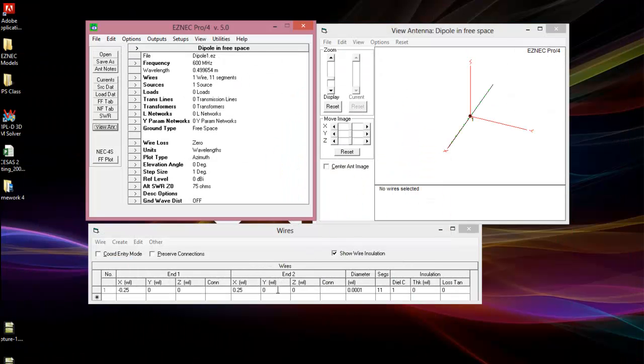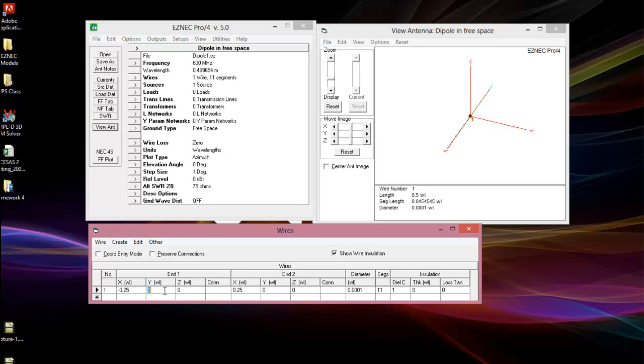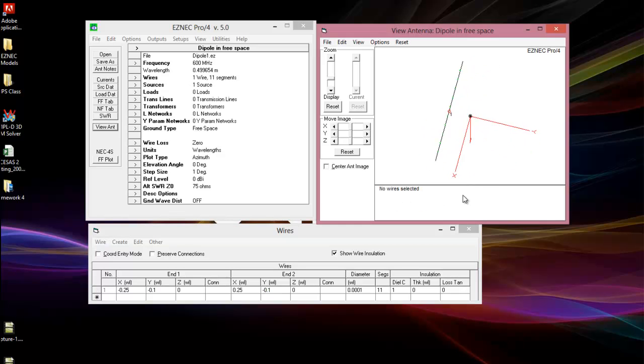So I'm gonna shift it over in the minus y direction by minus 0.1, then minus 0.1. That's gonna be our reflector.